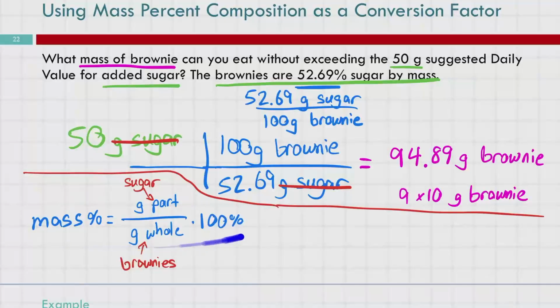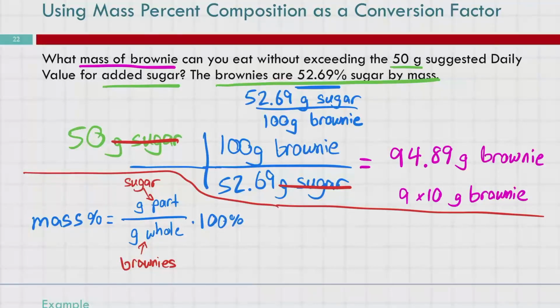So in this equation, what is the term that we are looking for in this problem? Are we looking for mass percent, grams of the sugar, or grams of the brownie? We've got mass percent, we've got grams of sugar, so we're looking for grams of the brownies in this case.